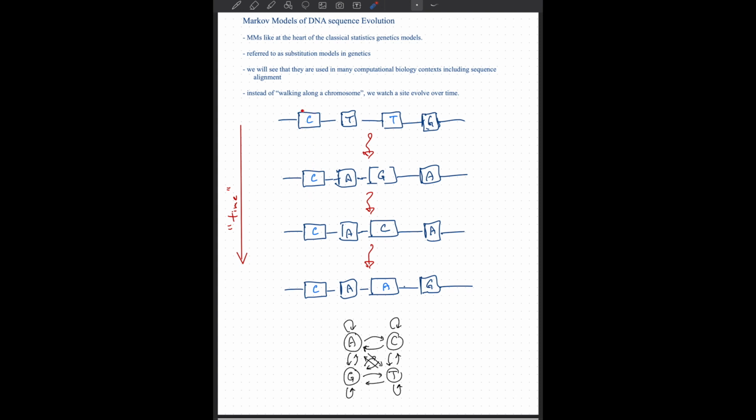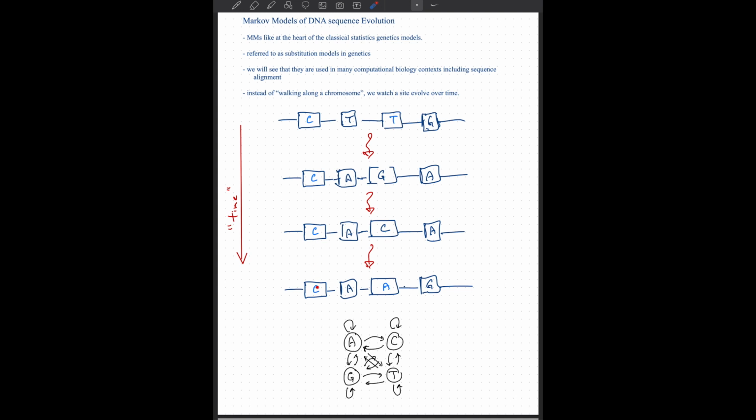Now the first site here, a C, the idea is that I started in the state C, and I'm going to stare at that site over years or generations or eons or millennia or whatever, and after this amount of time, it's still a C. And if I watch it some more, it's still a C. And if I watch it some more, it's still a C.